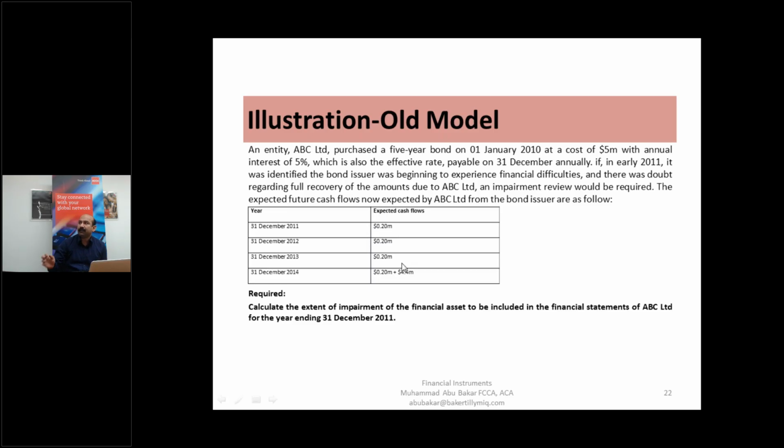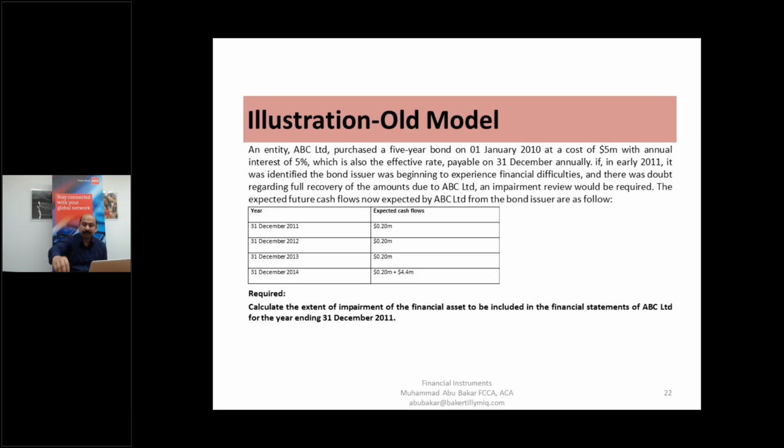And the old approach is simple: discount these future cash flows using the original effective interest rate, which was 5%. This will give you the present value, the recoverable amount.